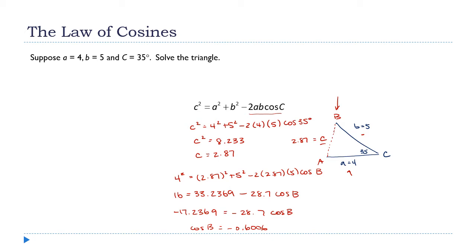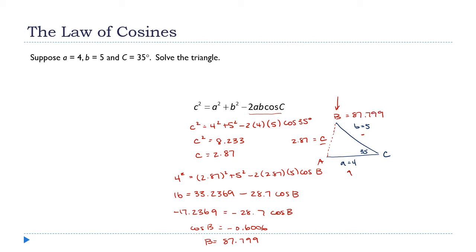Take the inverse cosine of both sides, and we get B equals 87.799.